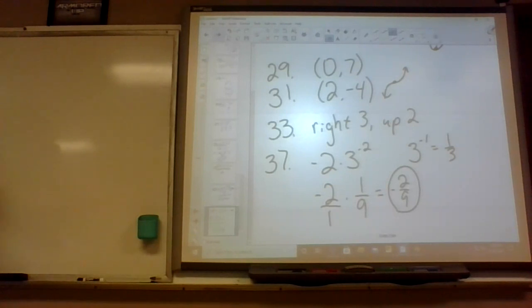You can only add and subtract like terms, so you simplify each term. This would be J cubed K to the fourth. 2 J cubed K to the fourth minus 9 J cubed K to the fourth.